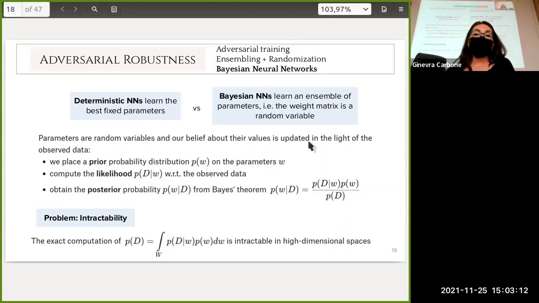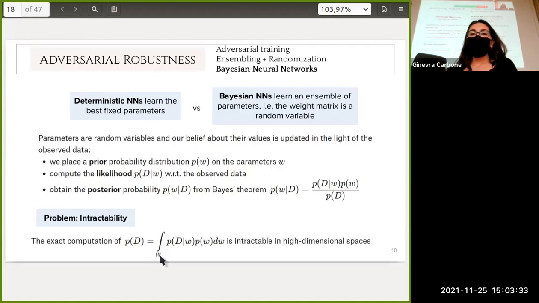So the problem in this formulation is that in general, computing this normalization factor P(D) is an intractable problem because we would need to integrate over all the possible values of W. So this problem, of course, is intractable in deep neural networks where we have a very high number of weights.